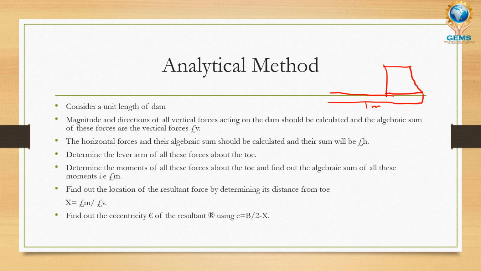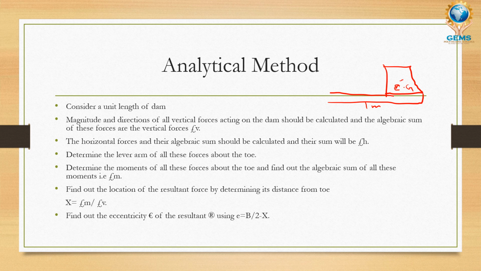Just assume a 1 meter length of dam, and the magnitude and direction of all vertical forces acting on the dam should be calculated, and the algebraic sum of these forces is the vertical force, summation V. Generally the magnitude is at the CG portion, the center of gravity.